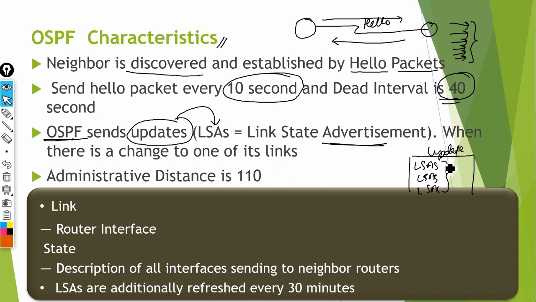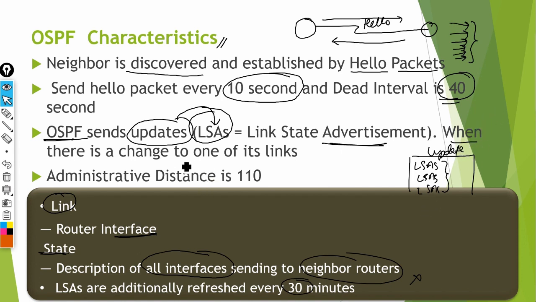Very simply, LSA is link state: link is the router's interface, and state is the description of all the interfaces sent to neighbor routers. These LSAs will be refreshed every 30 minutes if there is no change in the topology.